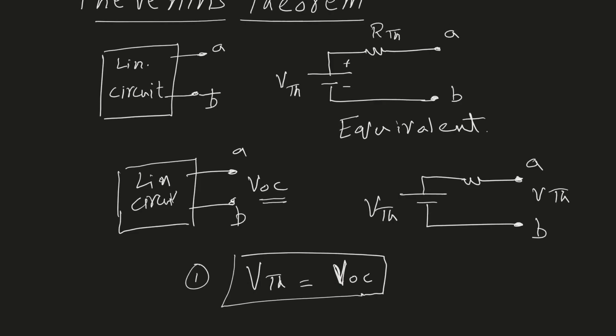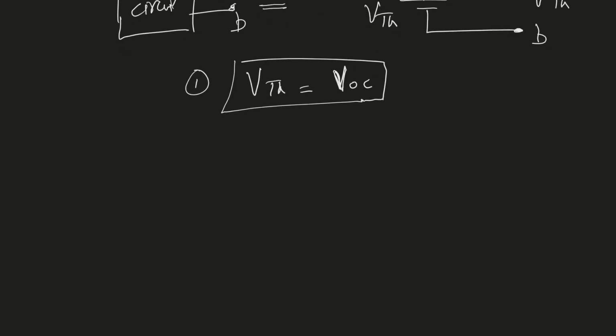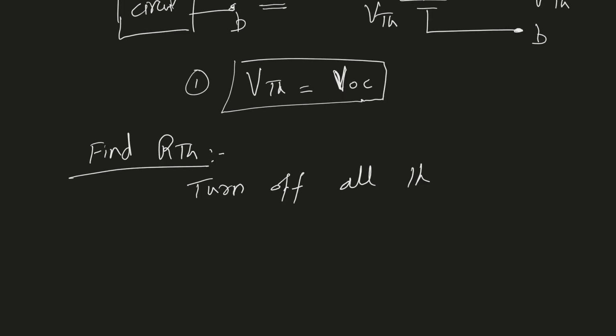The second task is to find the Thevenin resistance, RTH. To find RTH, we will turn off all the independent sources. We will first consider a circuit example in which we only have independent sources.